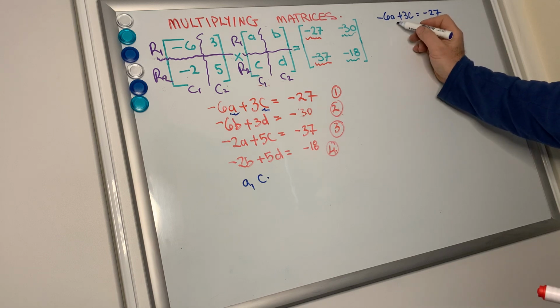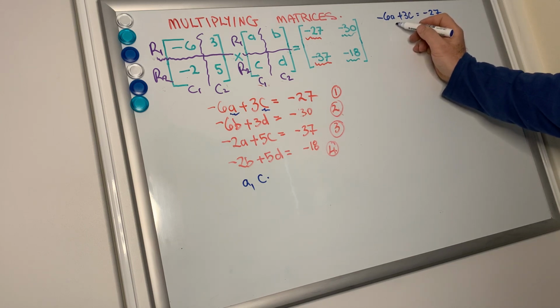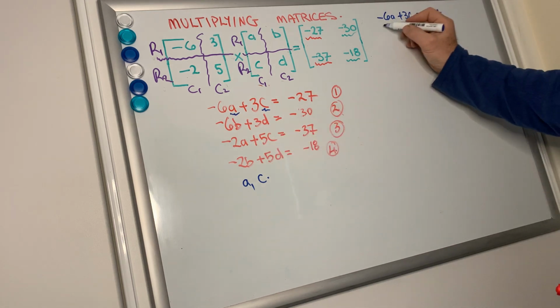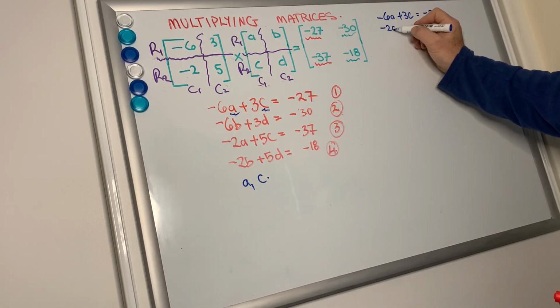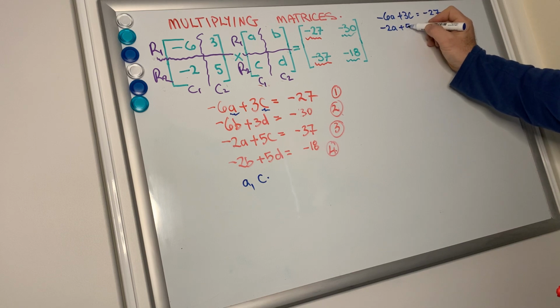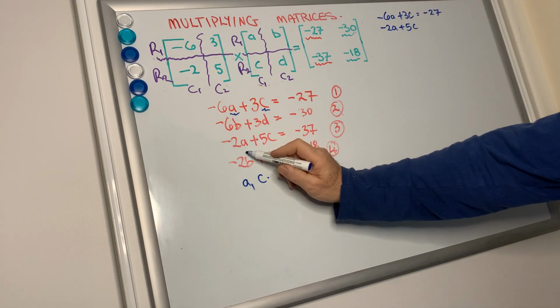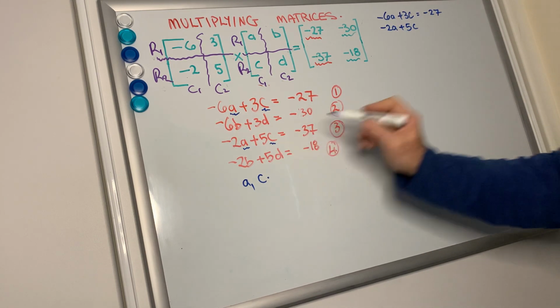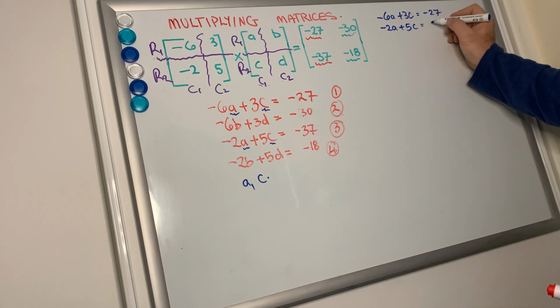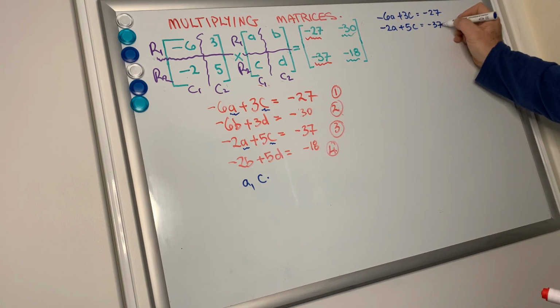So if we solve for A, for example, well, we can solve for A on this one, and actually we've got the other one. Let's put the other one there at the moment, minus 2A plus 5C. Let's just put them together. In other words, let's take this one as well. Is equal to minus 37.